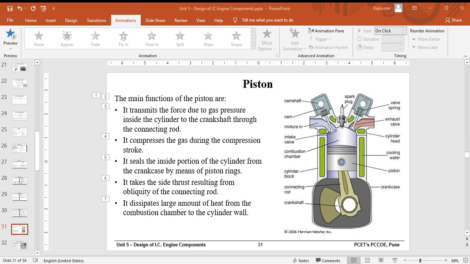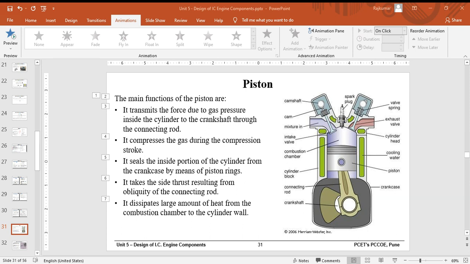Then the piston skirt is the lower part of the piston below the piston rings to the bottom dead center, or bottom of the piston, and that acts as a bearing surface for the side thrust exerted by the connecting rod.